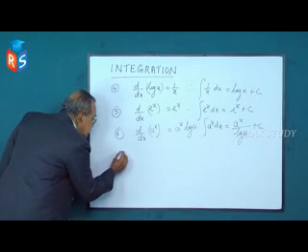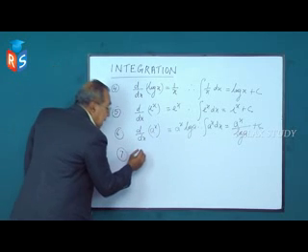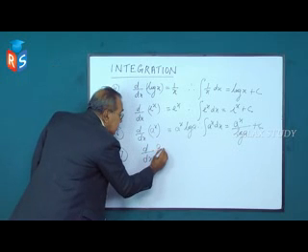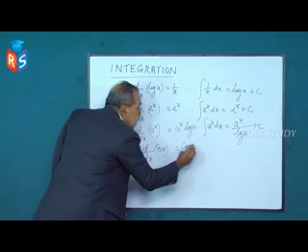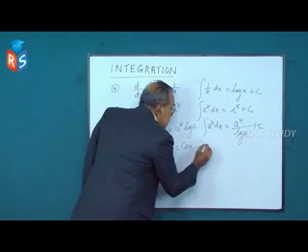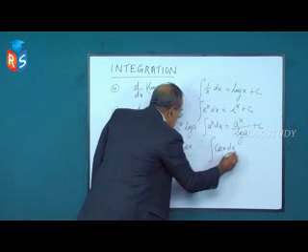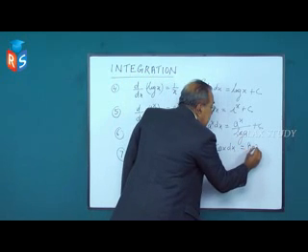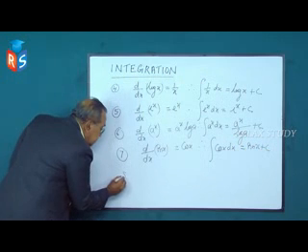7. D by dx of sin x is equal to cos x. Therefore, the integral of cos x dx is equal to sin x plus c. 8.